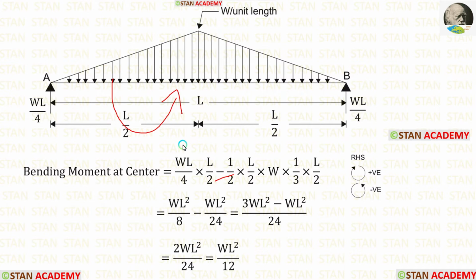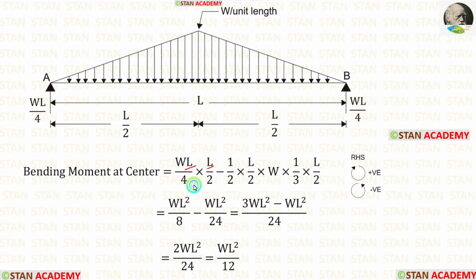For the triangular load, we have to multiply the area with the centroid distance. We know the formula for the area of a triangle, half into breadth into height. Here the breadth is L upon 2, the height is W. The centroid distance towards this height is 1 by 3 into L upon 2.